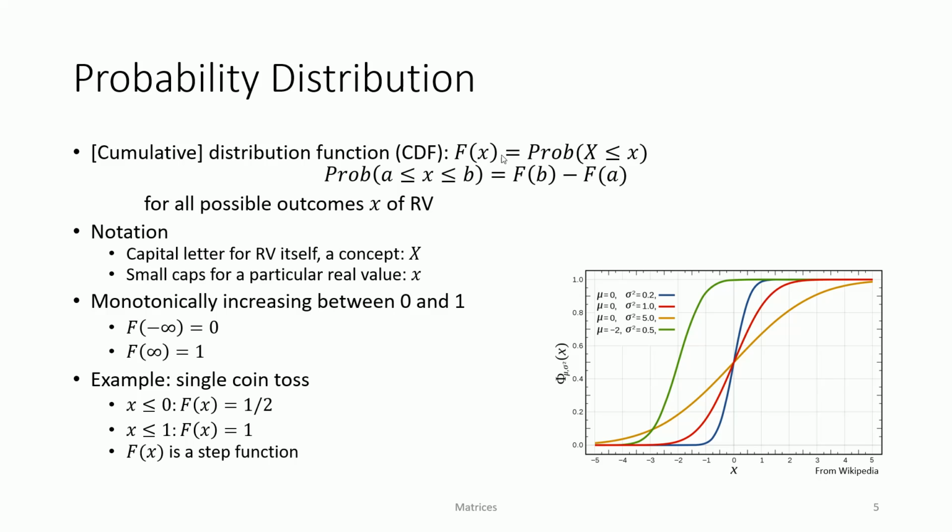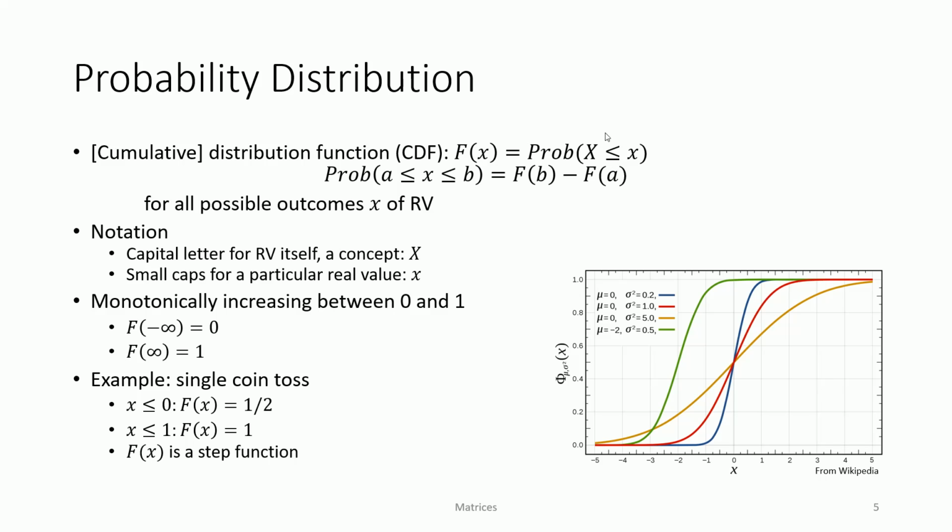So in this case F of x is a cumulative distribution function, and its value is the probability that our random variable X is less than a given or chosen value x. It can be a little confusing, but you will get used to it.